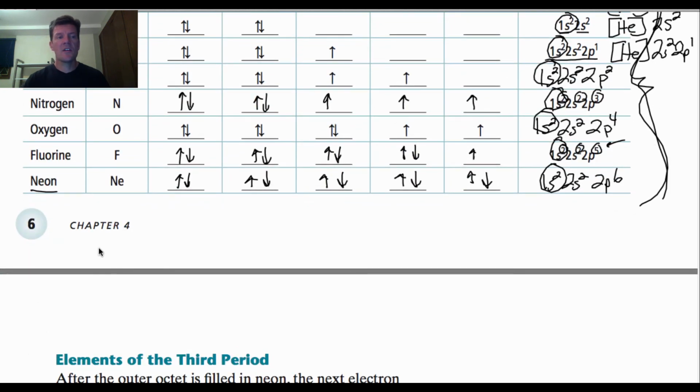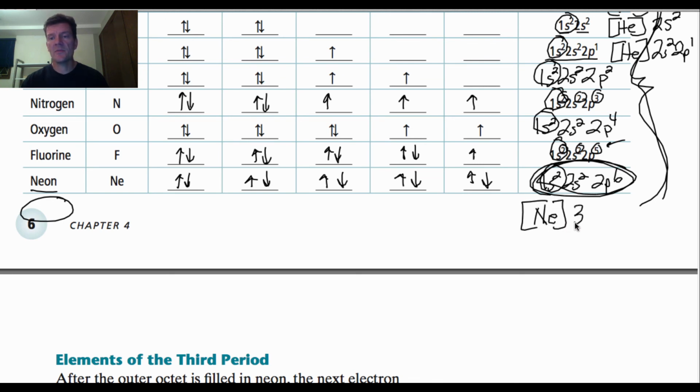And for the next element here after neon, it's going to have 11 electrons. So instead of writing all of this, I know this is going to be the beginning, I could just write neon and then 3s1 and done. That would be for the next element after neon in the third row, starting the third row.